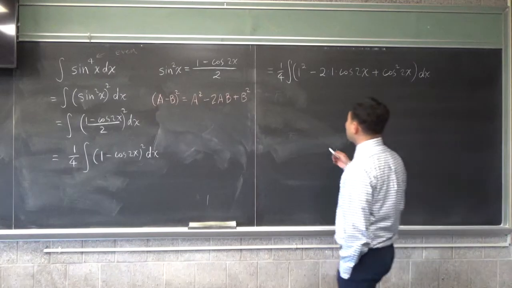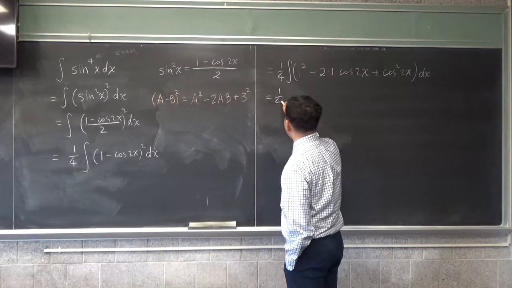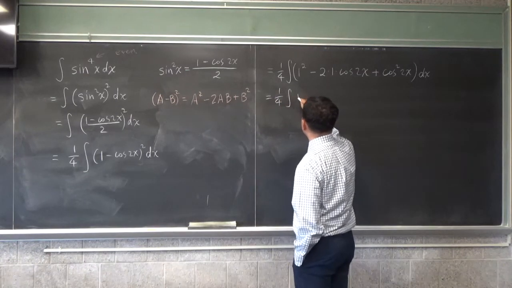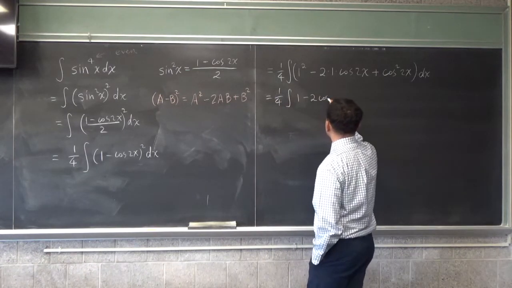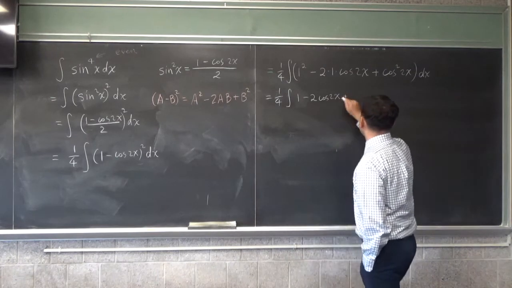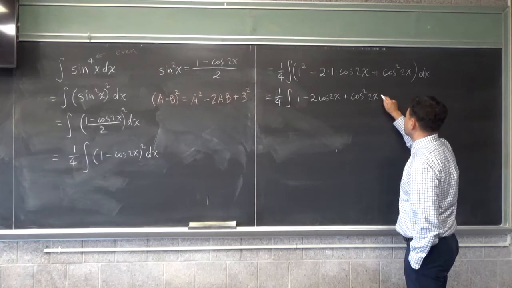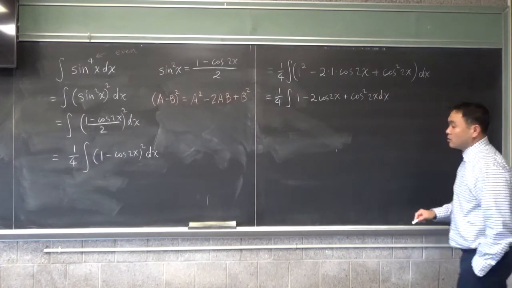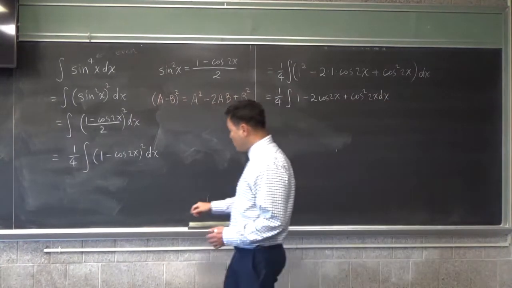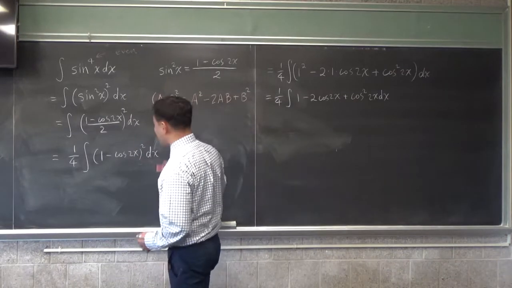And let's simplify before we do any more calculation. 1 minus 2 cosine 2x plus cosine squared 2x dx.